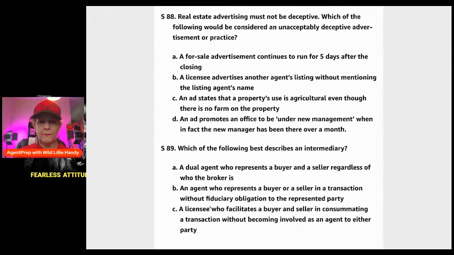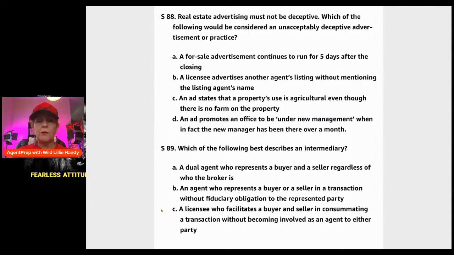Because land that is used for growing crops is not necessarily a farm. It is agricultural land, and a farm also has agricultural land, right? So just a clarification there.